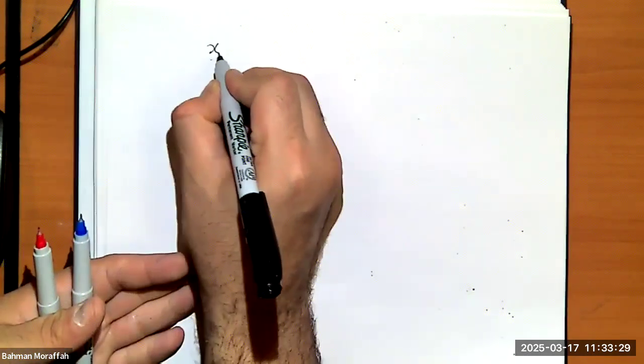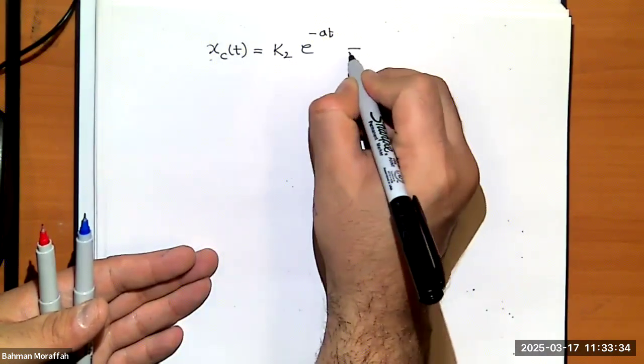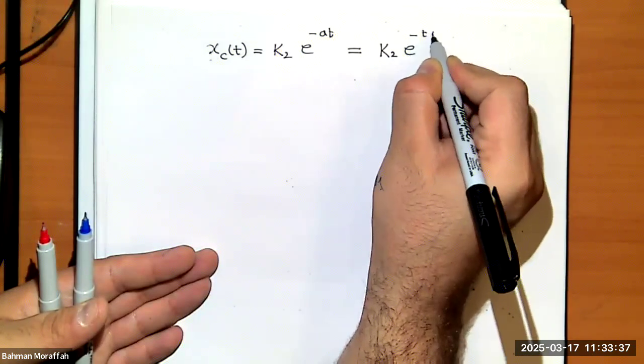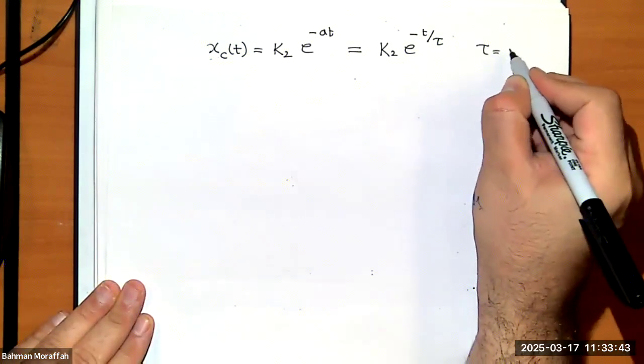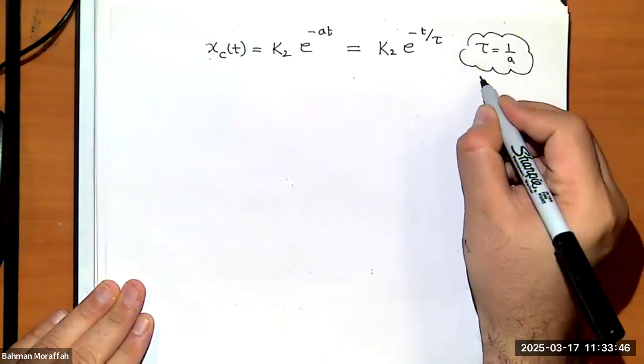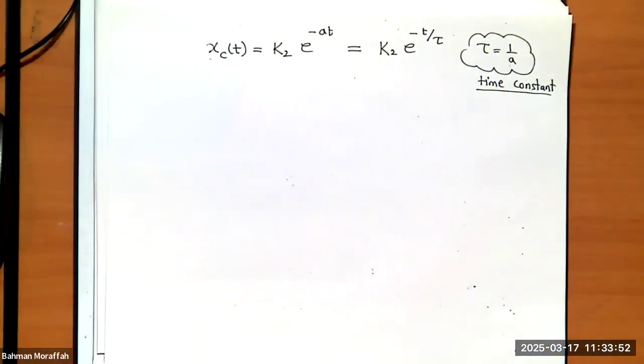We know x_c(t) is some k2 e to the power of minus a t, which we wrote as k2 e to the power of minus t over tau. We call this tau, which is 1 over a, the time constant, which is basically the amount of time that it takes for a capacitor or inductor to fully charge or discharge. That's the physical intuition behind this tau, and that's the reason we're writing it that way.